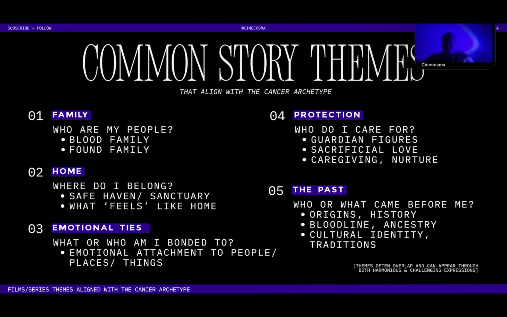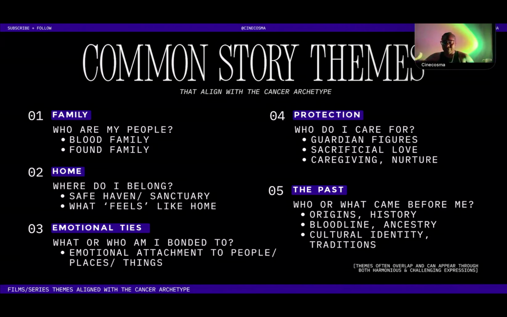And then I don't know if you can see it, but there's a little blurb at the very bottom. I made it small so it wasn't so distracting, but I probably could have made it a little bigger. It says, themes often overlap and can appear through both harmonious and challenging expressions. What I mean by that is, oftentimes when you watch a story and you're looking out for these themes, you're probably not going to see just one. You're probably not going to see a story that's just about family, but doesn't include home or emotional ties. So understand that a lot of these stories, especially the examples I'm going to give, can spill into other categories.